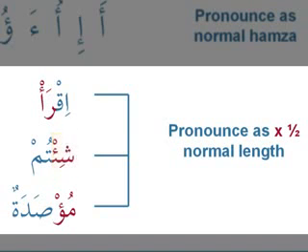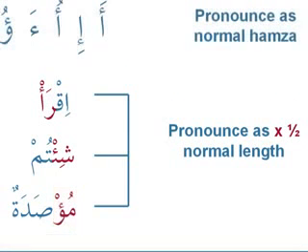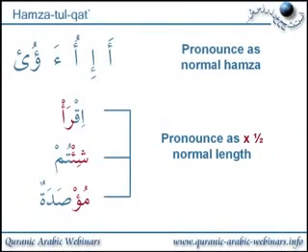Cut the E sound in half. And the last one, instead of saying mu soda, we say mu soda. So it's half the length of the U sound. Okay, so we just go mu soda. Quick recap then, any short vowel followed by a Hamza which is sakin, cut the length down by half.